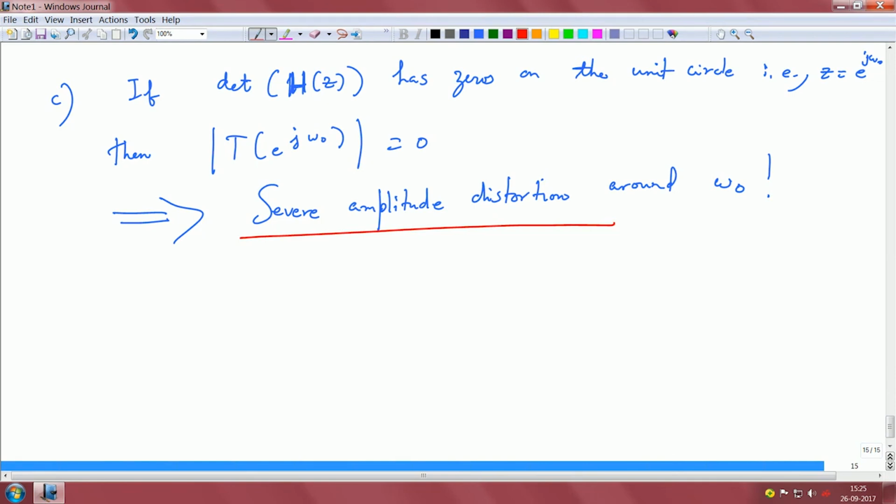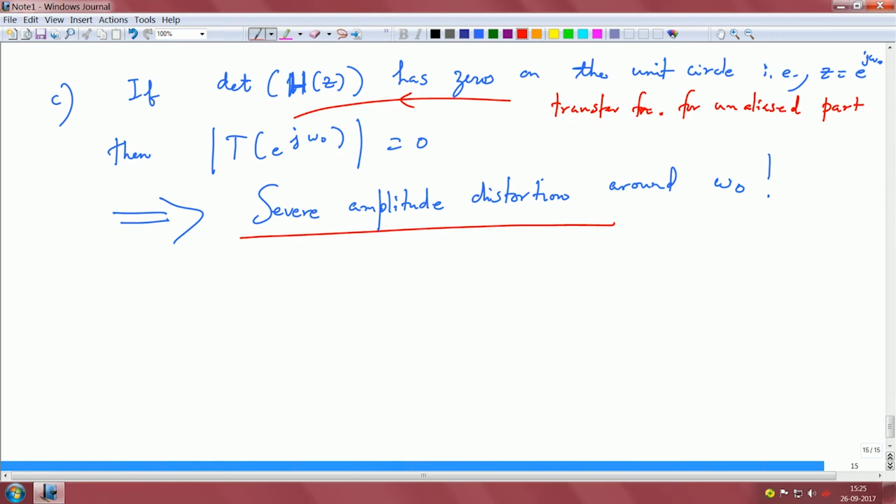Now, T of z, capital T of z, is the transfer function that we saw, right, that is for the unaliased part. If you look at the unaliased part, that is the transfer function. So, that is an issue.